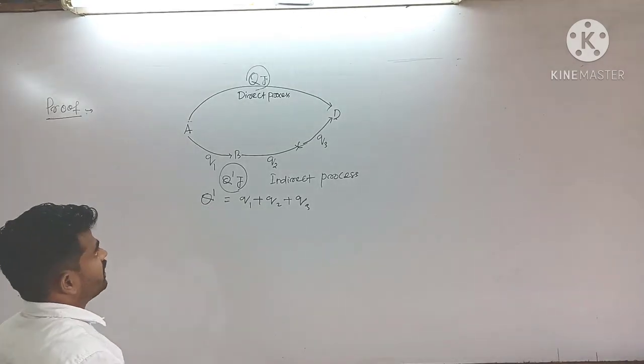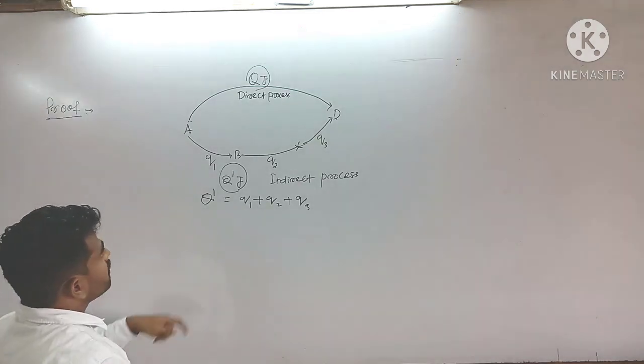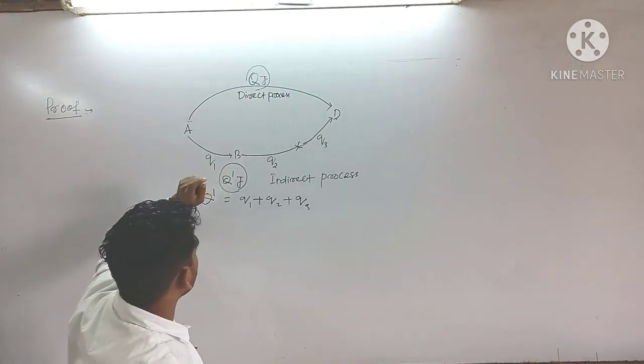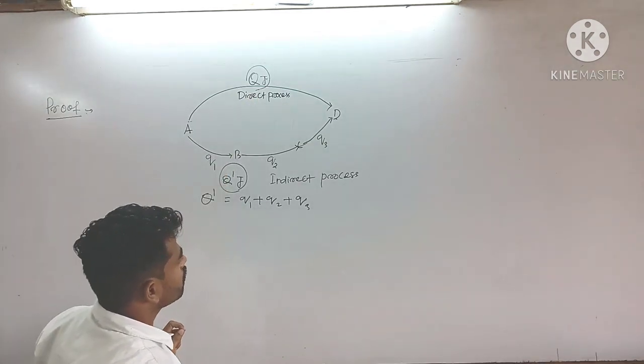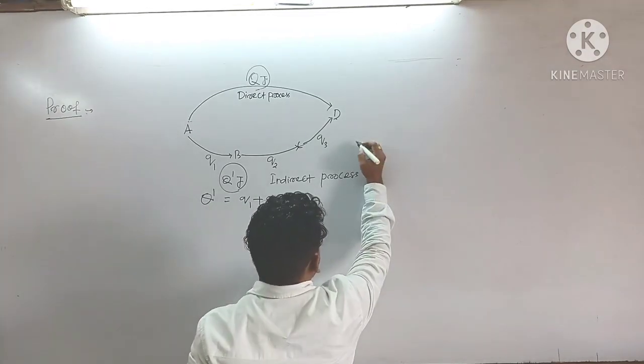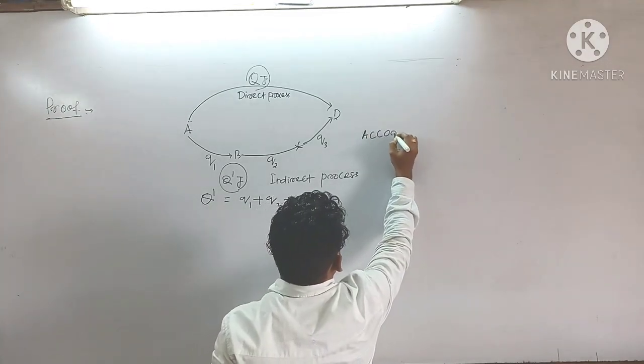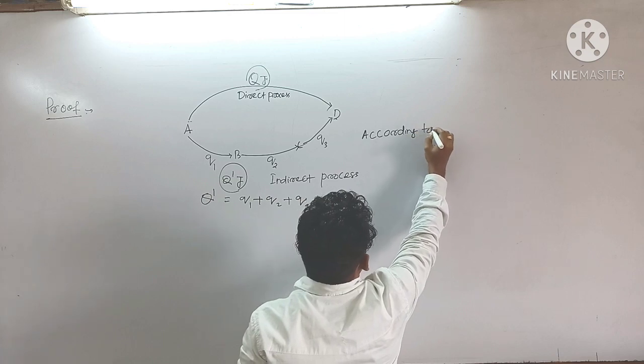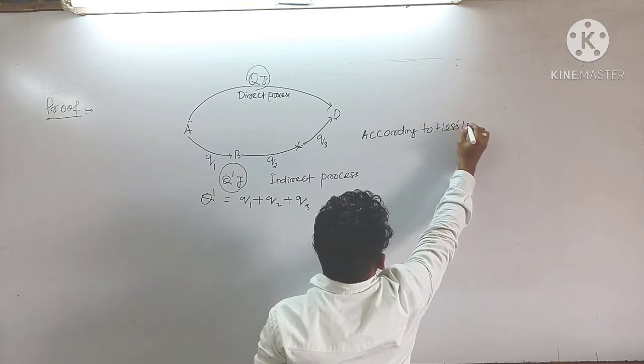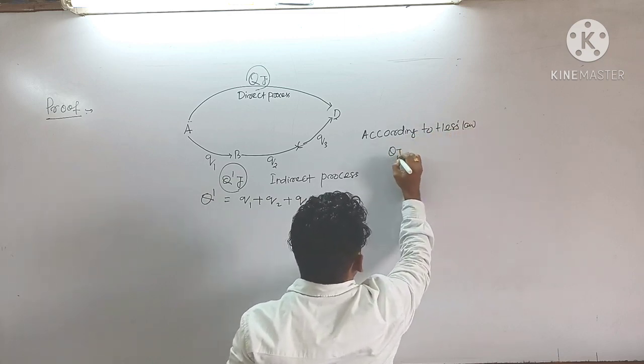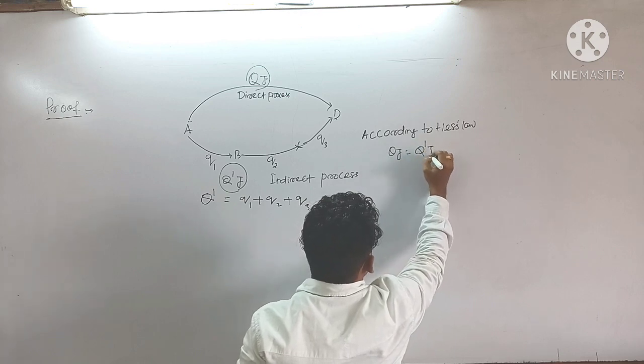So in order to prove the Hess law, according to Hess law, Q joule must be equal to Q dash joule.